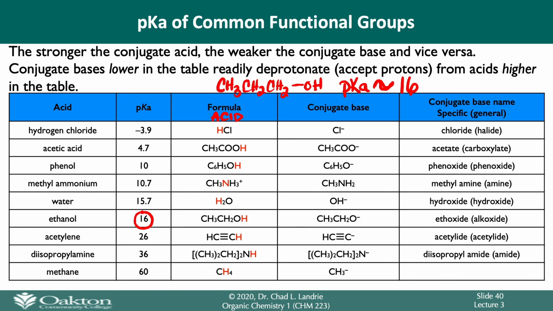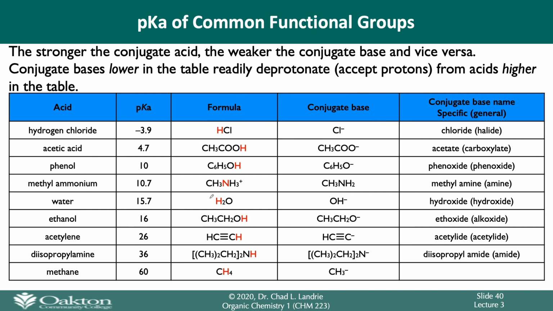And then in the very last column, I've also given you the conjugate base name, something that we can call it: chloride, acetate, phenoxide. So these names refer to the conjugate base column. The best way to memorize this maybe is to make some flashcards. We'll add a couple more compounds to the list as we move throughout the course, but this will be good enough to get us started.